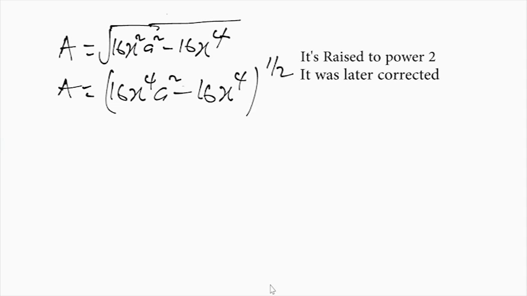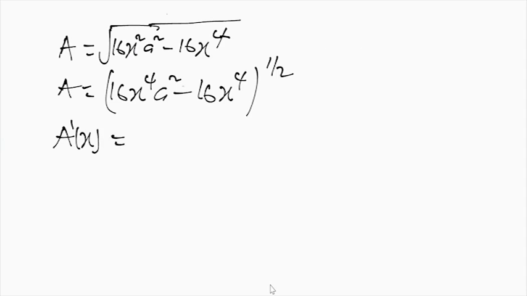Now this is a function of a function, and if you want to differentiate a function of a function, this is how you go about it. We want the derivative of A with respect to x. The first thing you do is differentiate normally first, by bringing down your 1 over 2, then subtract 1 from the power, so it becomes minus 1 over 2.